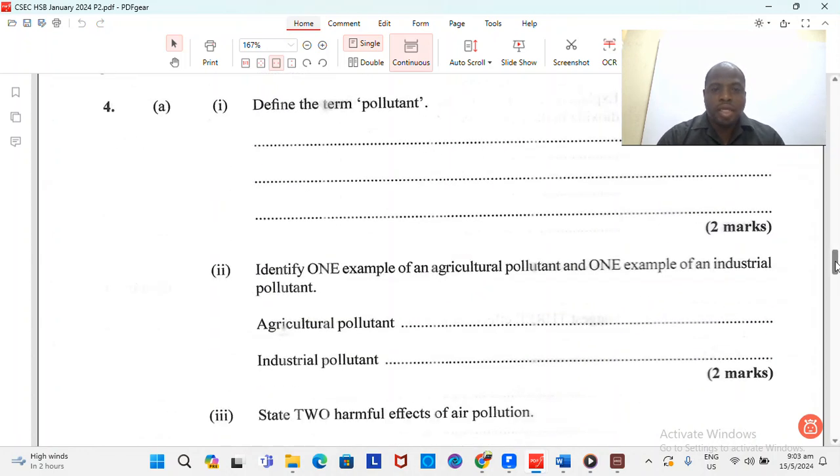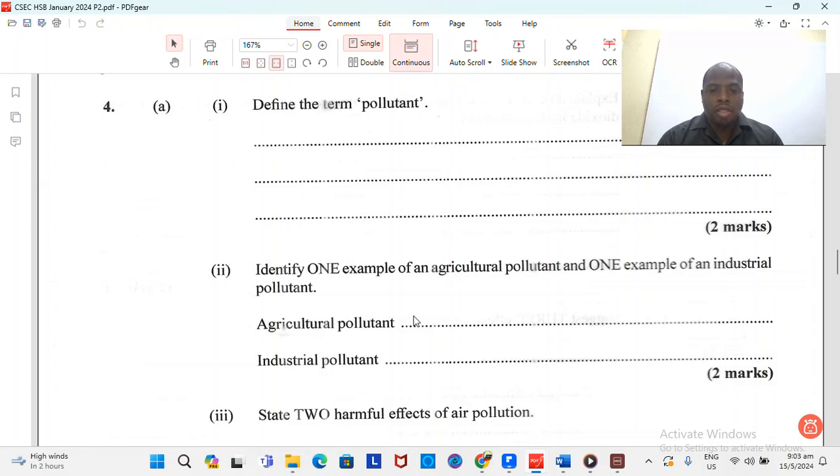Part 2 says identify one example of an agricultural pollutant, and one example of an industrial pollutant. Now, as you know, agriculture deals with the growing of crops and the rearing of animals, and it would have impacts, especially if you're not doing organic farming, where persons will utilize agrochemicals.